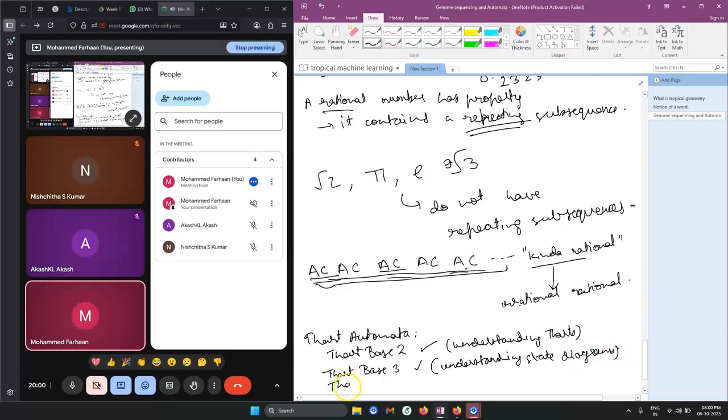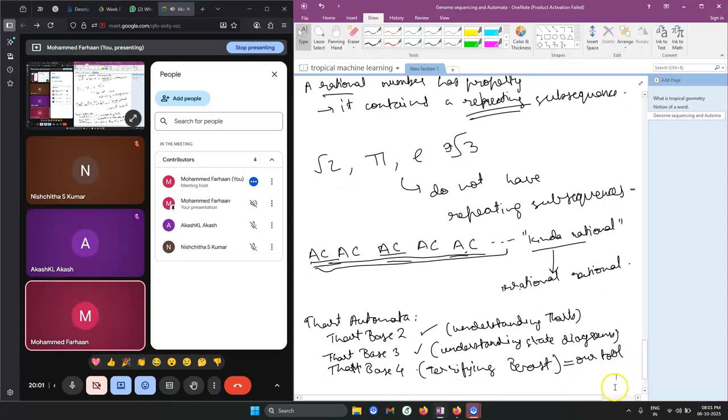However, third in base 4 is a real monster. Terrifying. I think it has 45 different nodes. Terrifying beast. And this is going to be our main tool.